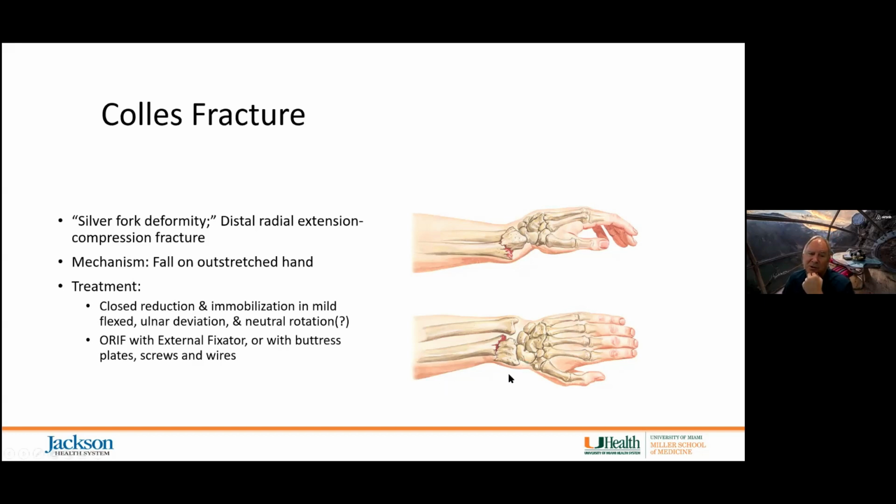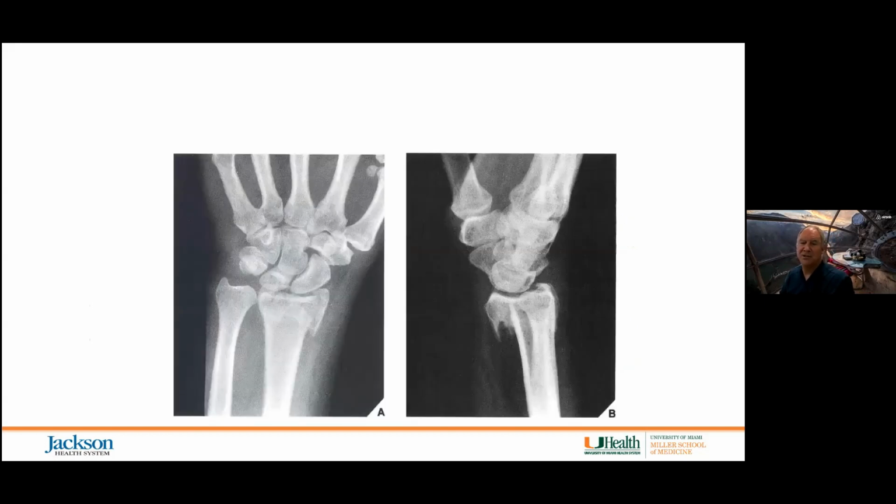Again, it's going to require closed reduction sometimes, but most of the time open reduction, internal fixation, and then an external fixator as they're going through this. Minimum 6 to 8 weeks healing time afterwards. So you're going to have to provide some mobility and transfer options in the interim as you come through there.